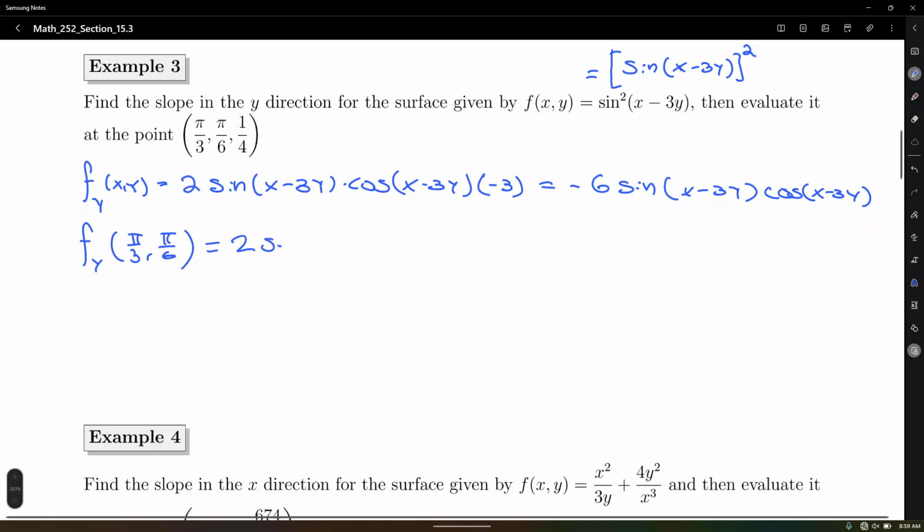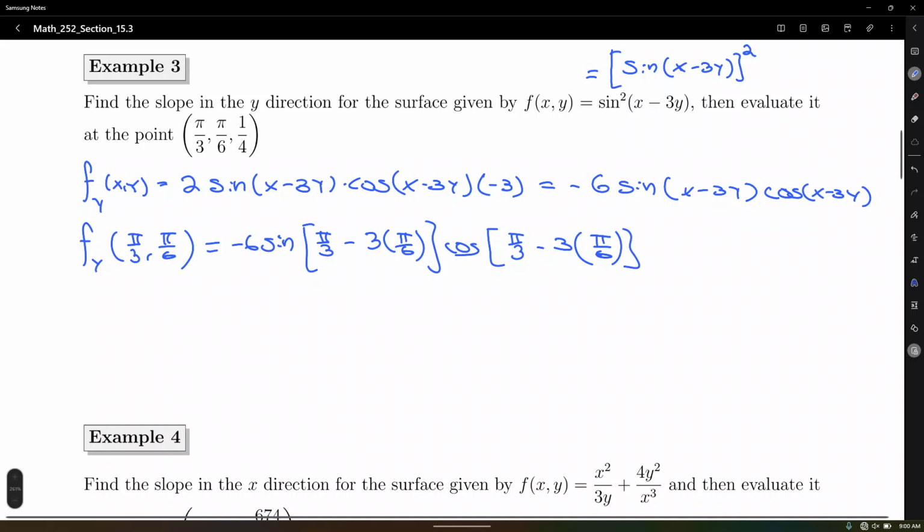2 sine of x, which is pi over 3, minus 3 times pi over 6, times cosine of, it's minus 6 rather, -6 cosine of pi over 3 minus 3 pi over 6. Okay, let's simplify the quantity inside of the parentheses.